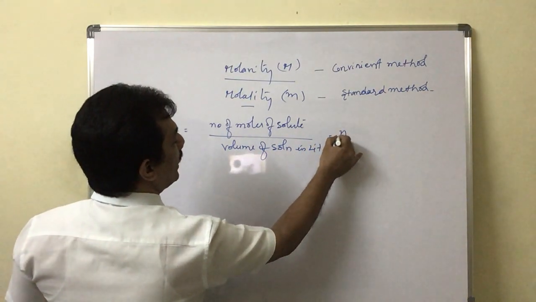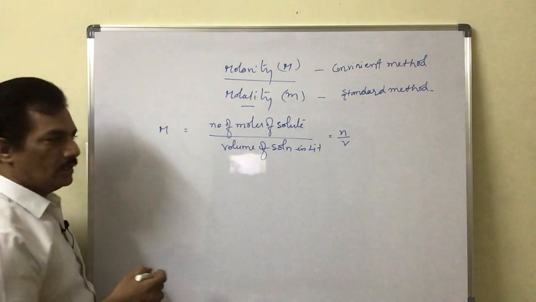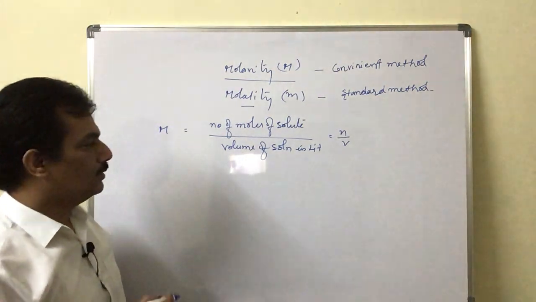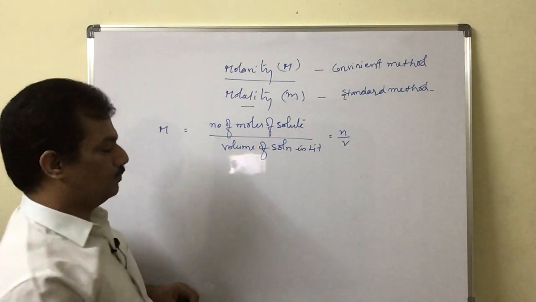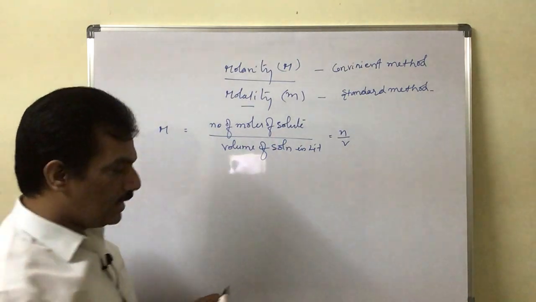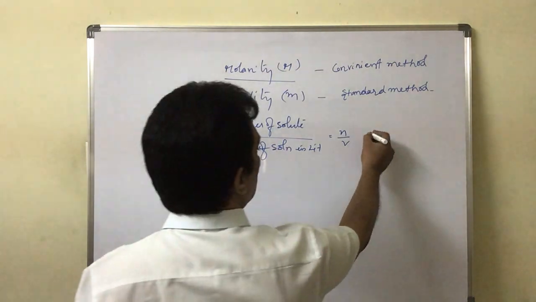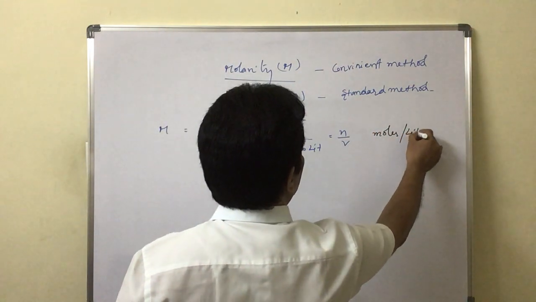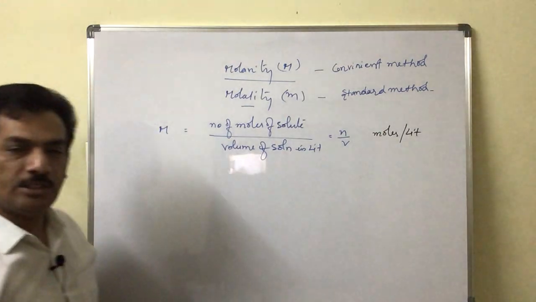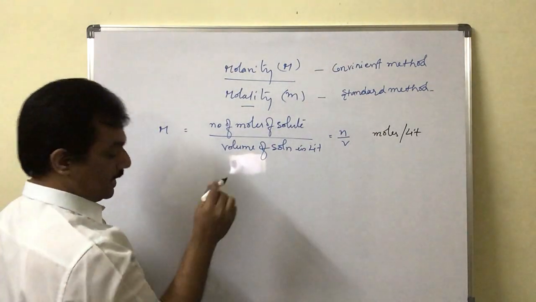This is n by V. Number of moles of solute by volume of solution in liters. The expression has the units moles per liter. This is the expression for molarity.